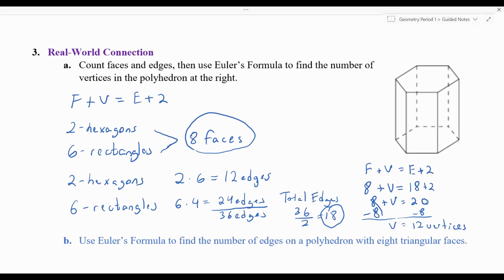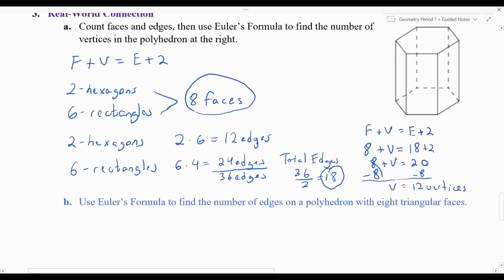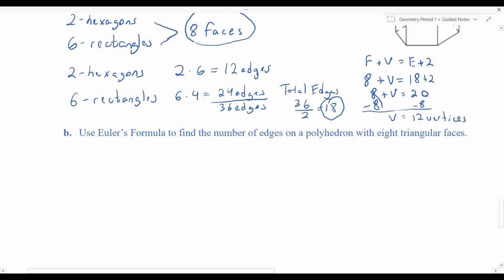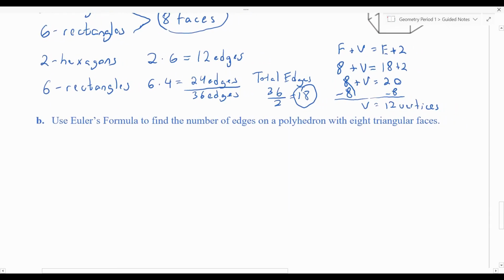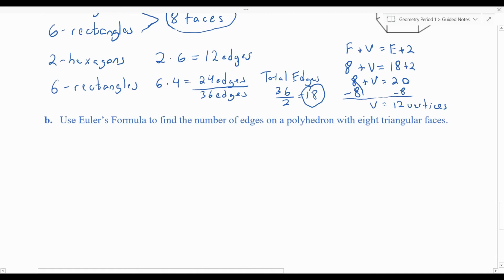All right, now let's take a look at this example for you to do. This one has no drawing, but you'll see how we do this. It says use Euler's formula to find the number of edges on a polyhedron with 8 triangular faces.